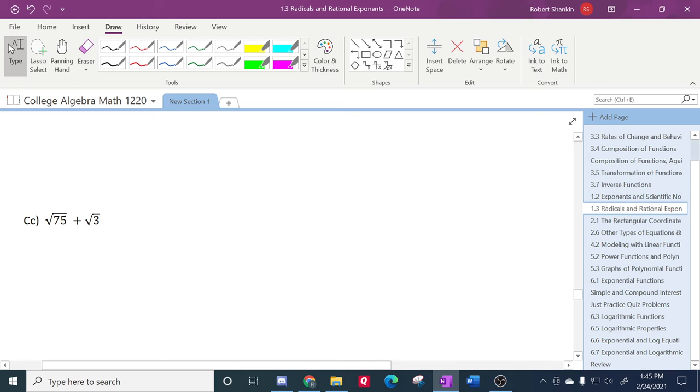So, let me give you a moment on this one. Square root of 75 plus square root of 3. Go ahead and work it out. And when you get your answer, put your answer into your group chat.